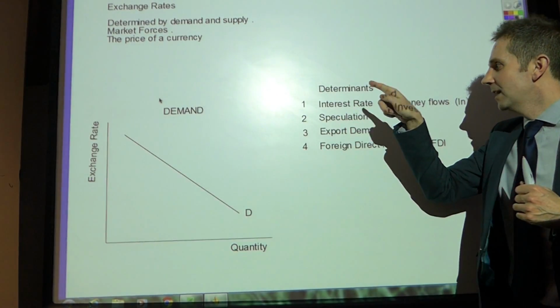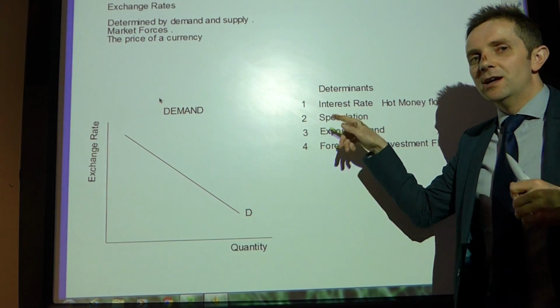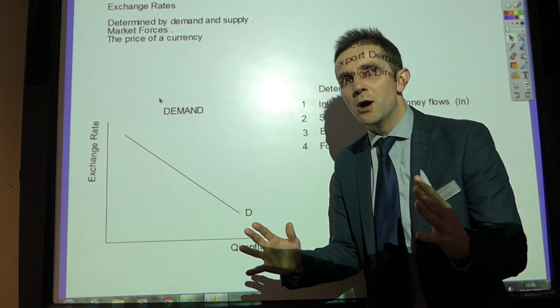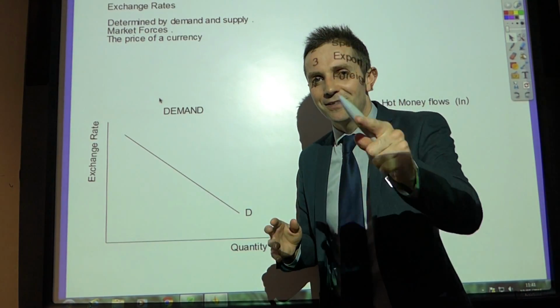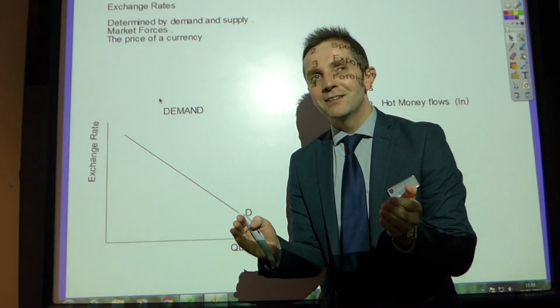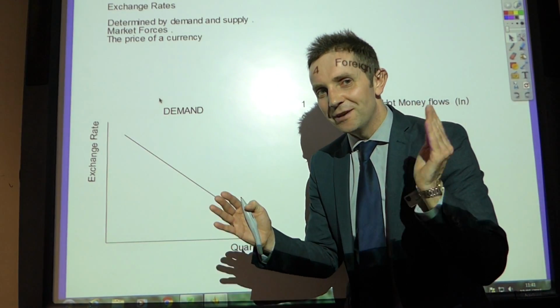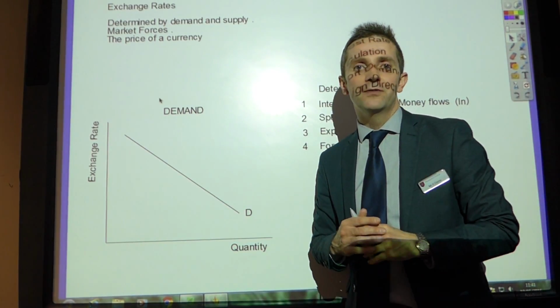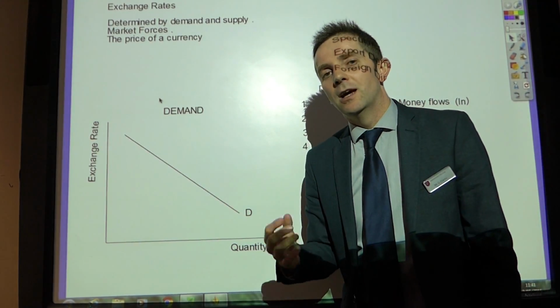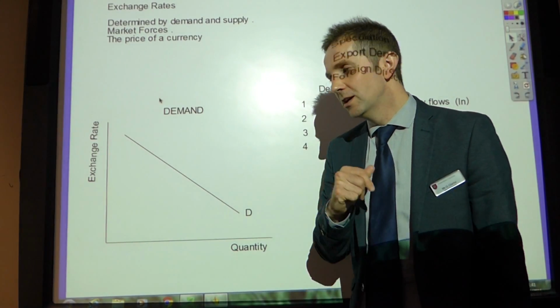Number one, the interest rate. By the interest rate, ladies and gentlemen, I mean the base rate. Having read David Smith in the Sunday Times this week, you'll know that the base rate for the 86th month in a row was kept at 0.5%. So that is not going to attract people into the UK to hold UK sterling.